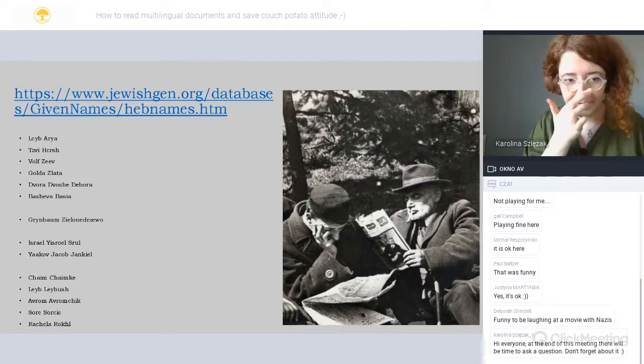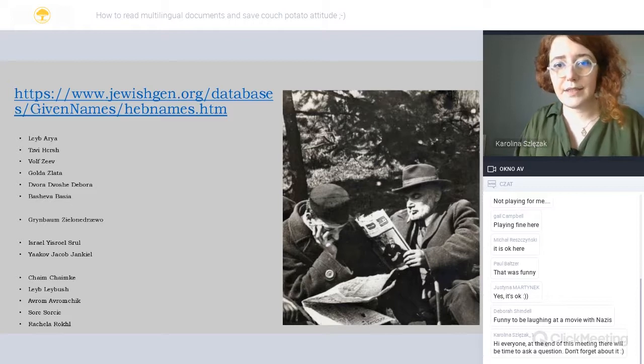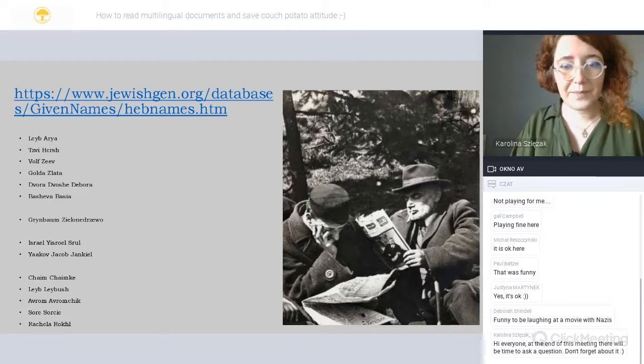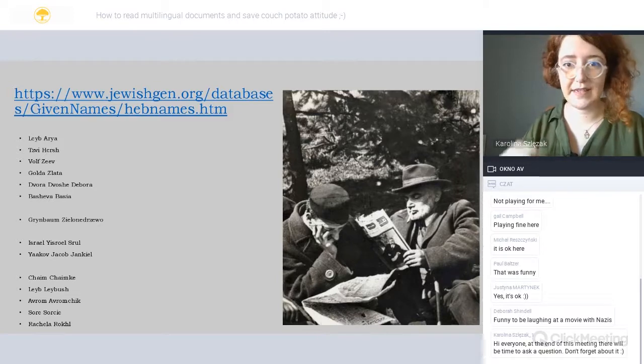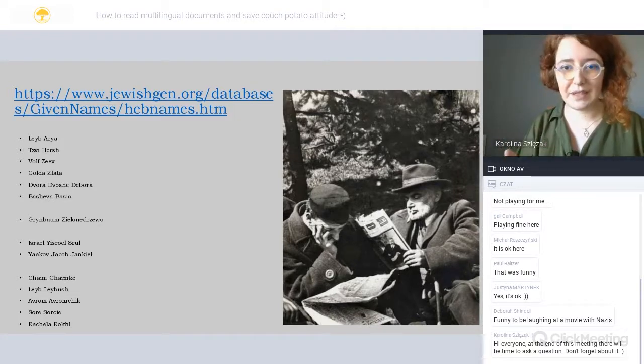The last thing here will be the endings and the diminutive forms of the names, because I really love Yiddish, because it just describes things just as they are. And it is very common in Yiddish to use diminutive forms.